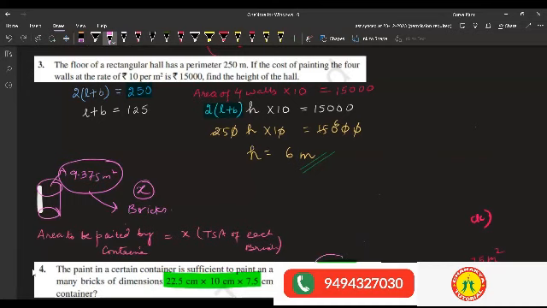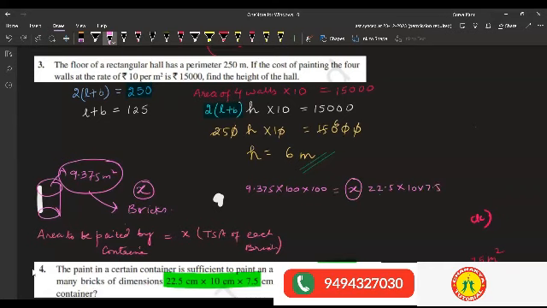Better you convert the bigger dimension into the smaller one. So you can do it as 9.375 into 100 into 100 is equal to X into 22.5 into 10 into 7.5.